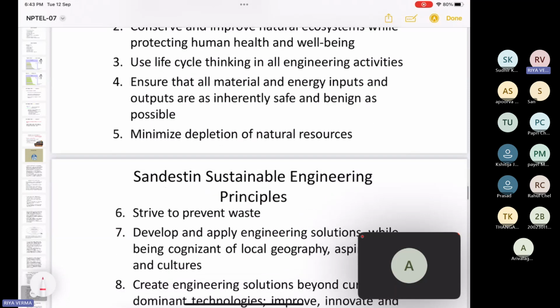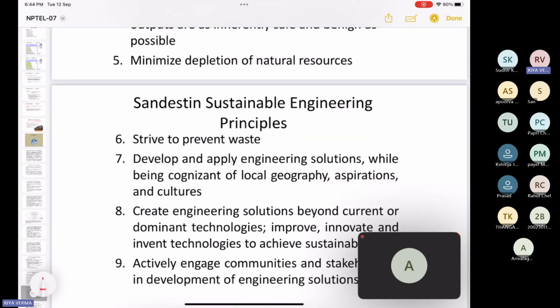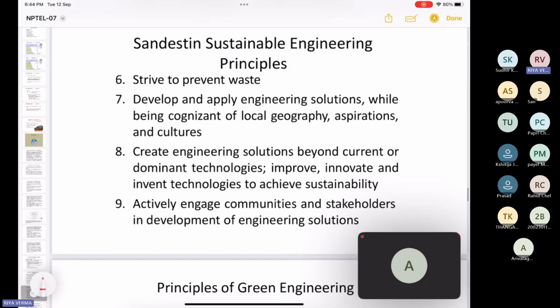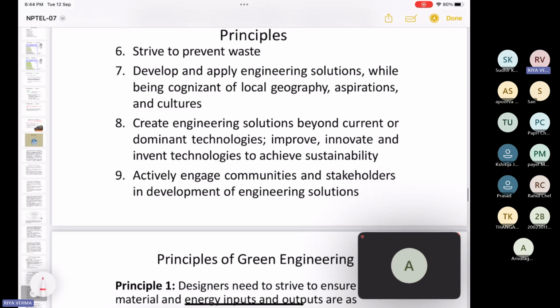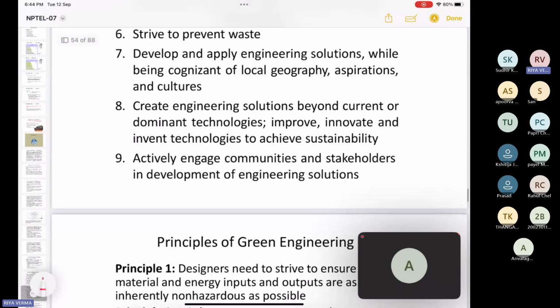The fifth point is to minimize the depletion of natural resources and strive to prevent waste. Develop and apply engineering solutions while being cognizant of the local geography, aspirations, and cultures. Create engineering solutions beyond the current or dominant technologies, and improve, innovate, and invent technologies to achieve sustainability. And the last point is to actively engage communities and stakeholders in development of engineering solutions. So these are all the components that were included in the Sanderson Sustainable Engineering Principles.